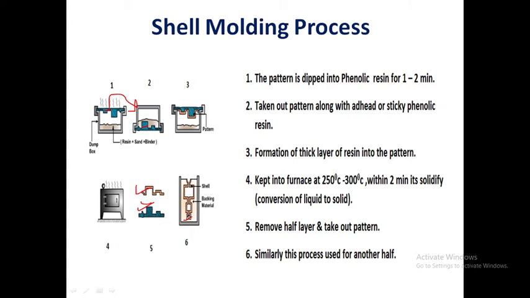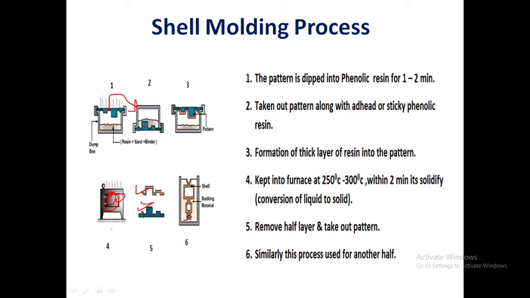The machine used for this process is called a shell molding machine. It heats the pattern, applies the sand mixtures, and bakes the shell. So this is what happens in shell molding processes.